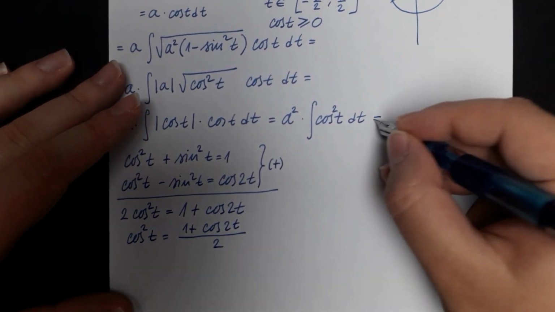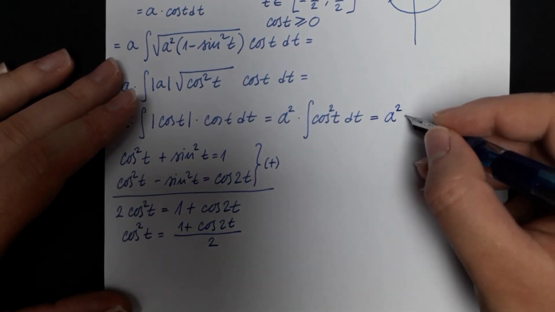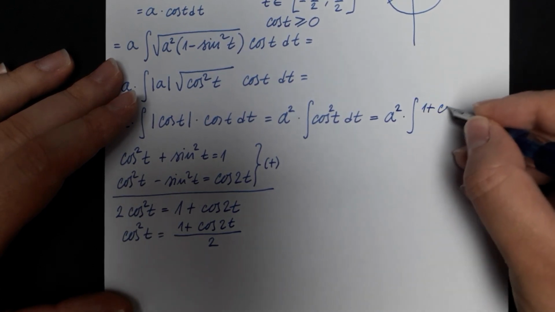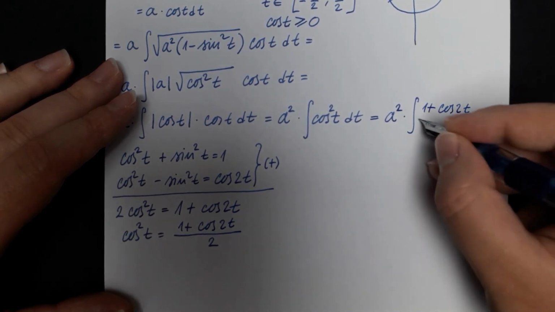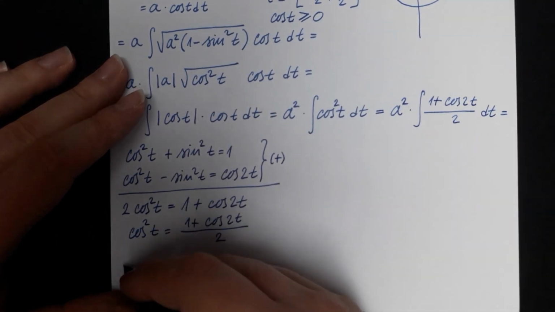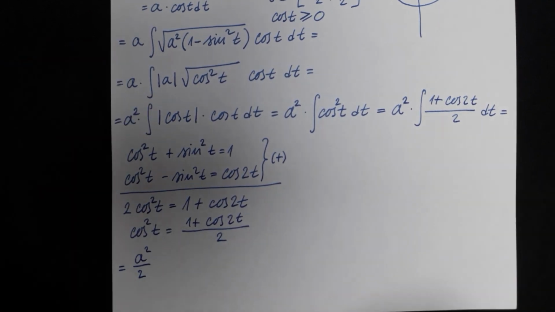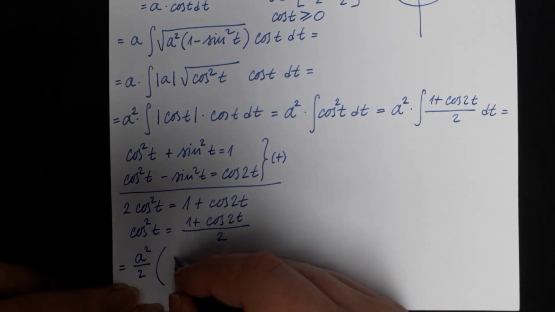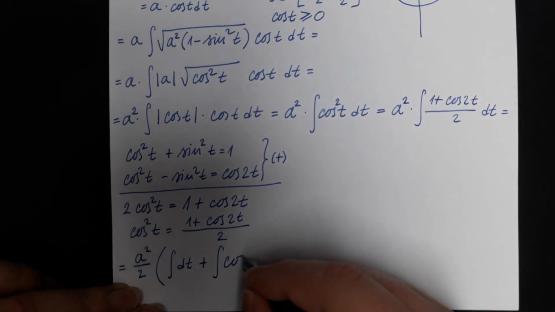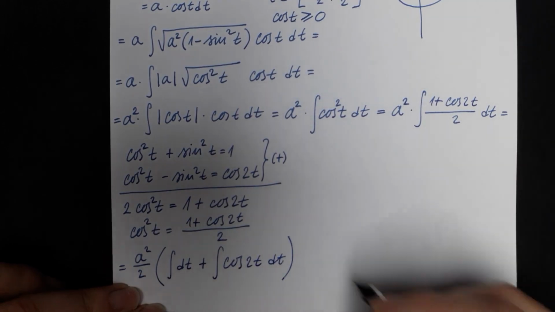We can return this into our solution, and then we are going to get a squared times an integral of 1 plus cosine of 2t over 2 dt, which is then equal to a squared over 2 open bracket integral of dt plus an integral of cosine 2t dt closed bracket.